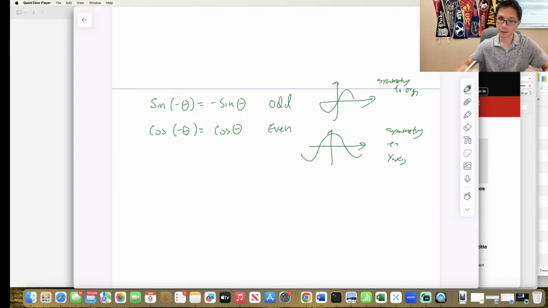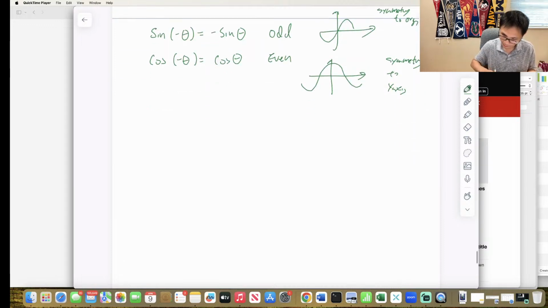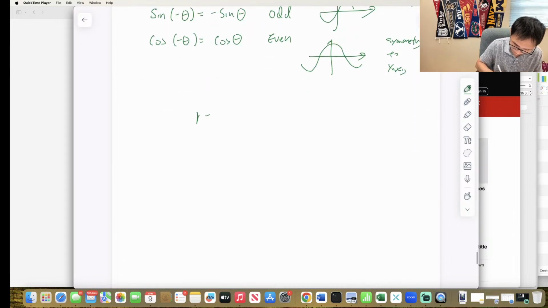We're gonna go through a couple of examples. So first example that they give to you is r equal to 1 minus cosine theta. So the first thing you want to test is the polar axis. So what do we talk about if symmetry to polar axis? Well, which side is polar axis? The x-axis or the y-axis? X-axis? Good.